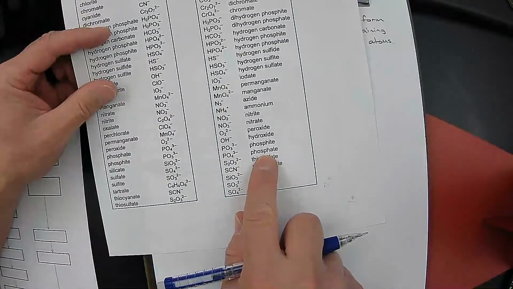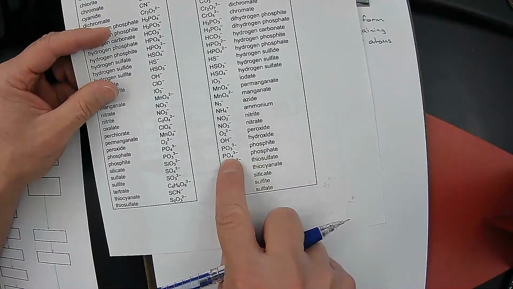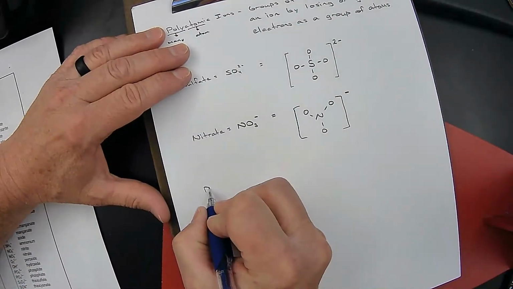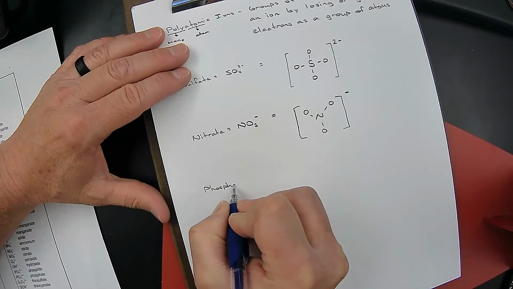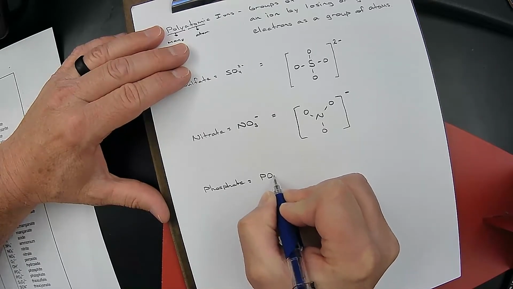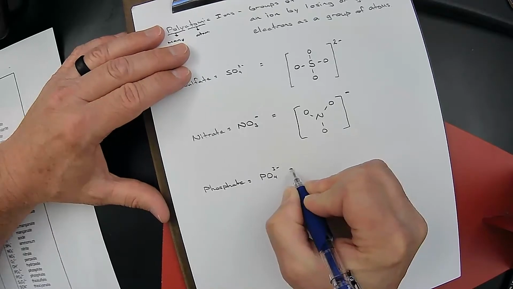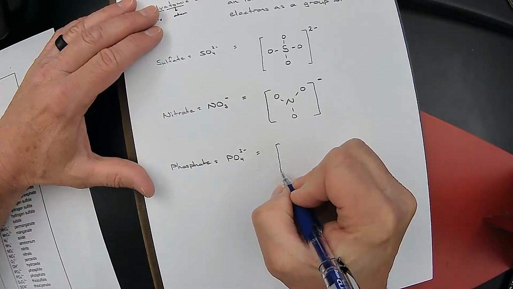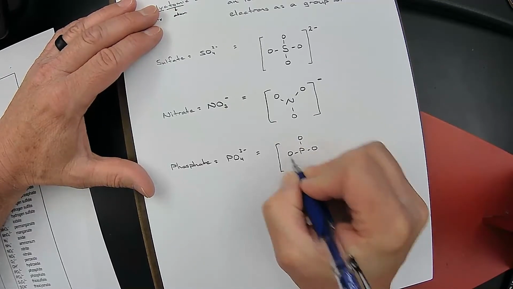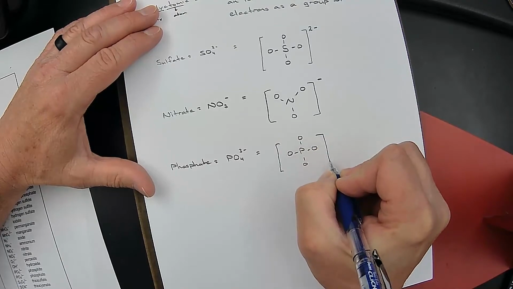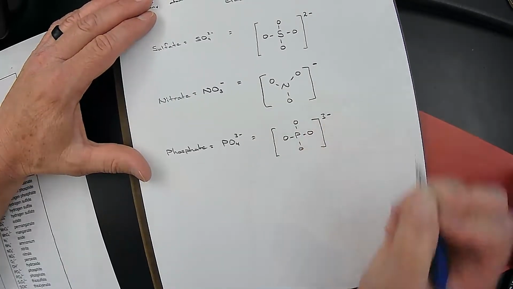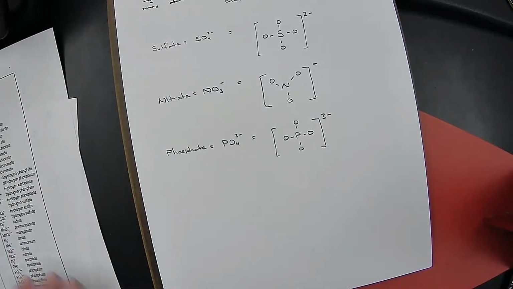Another common one is phosphate. Phosphate is a PO4 with a 3 minus. 1 P with 4 O's, and it's got a 3 minus charge. We'll find out next unit why it likes to add 3 negative electrons.